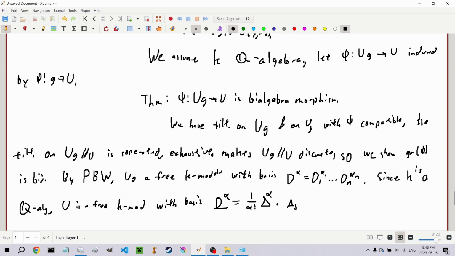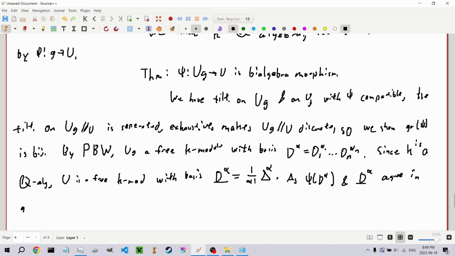As by our previous lemma, psi of d^alpha and the underlined d^alpha agree in the grade of U. The grade of psi is bijective, so that psi is bijective.